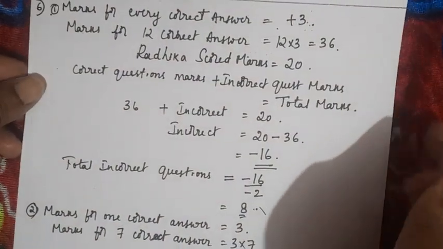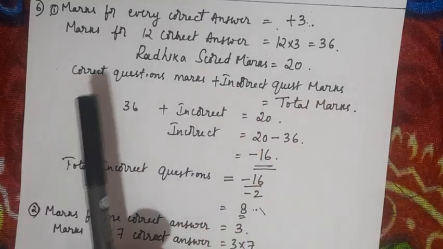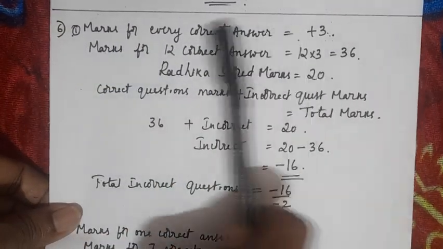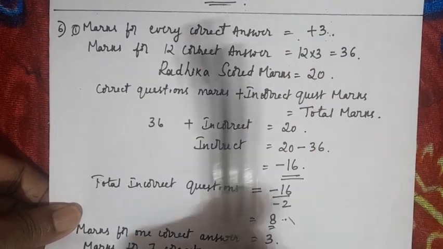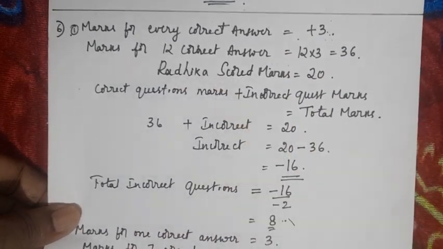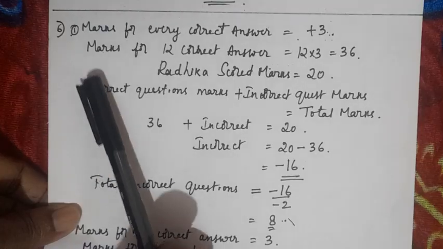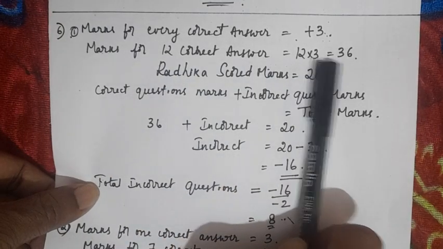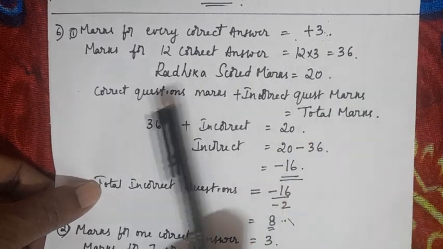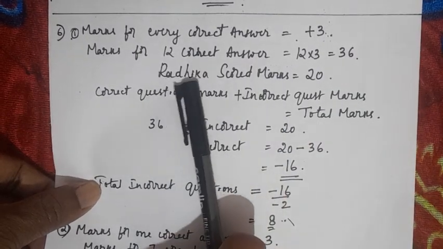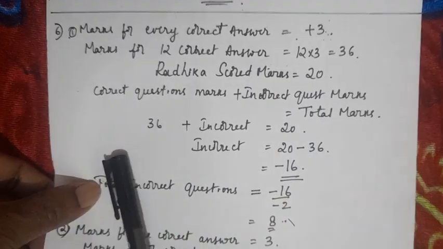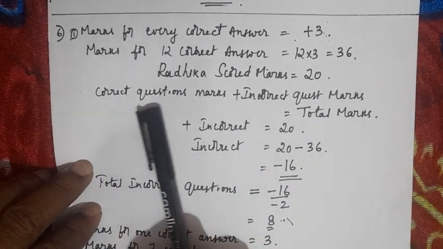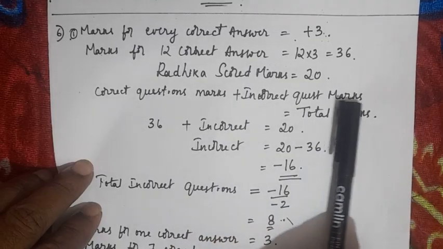For this, first you take the data: marks for every correct answer. What is the marks for every correct answer? It's plus 3. She has written 12 correct answers. Now marks for 12 correct answers is equal to 12 into 3, that is 36. Radhika has scored a total of 20 marks. So the total marks is equal to correct question marks plus incorrect question marks.